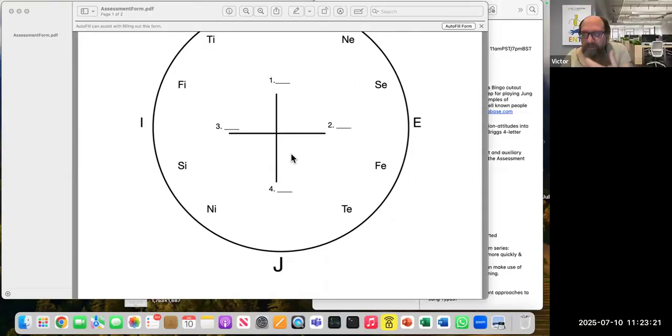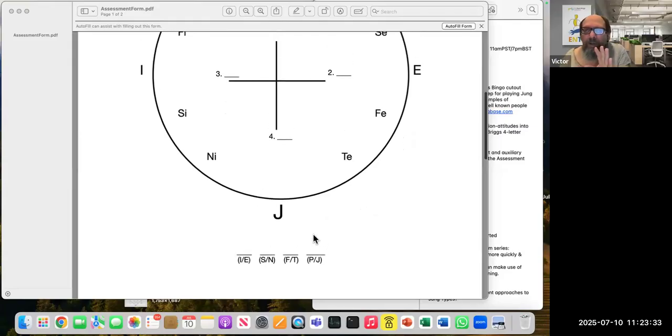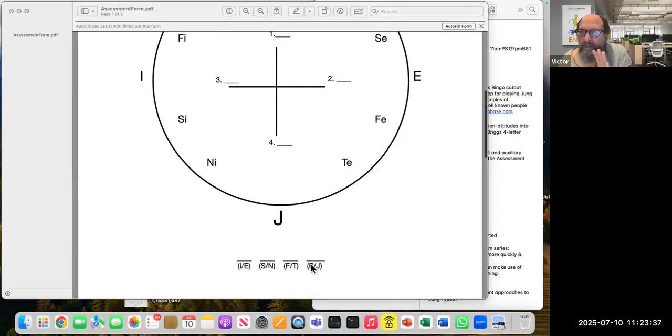But let me address what you're saying. The letter P and the letter J will show up in that last position. They're not part of a function attitude. They're in the Myers Briggs 4 letters, referring to one of the function attitudes.